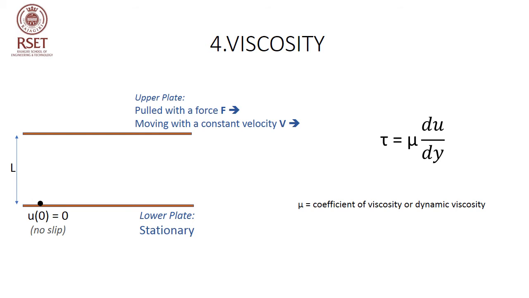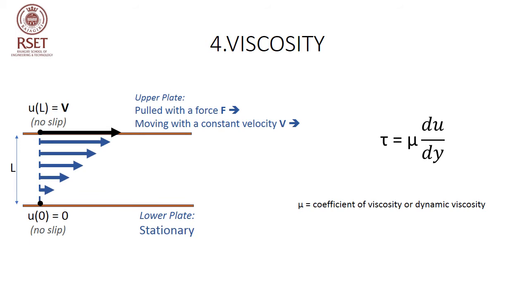That condition is called the no slip condition. So since the velocity of the bottom plate is 0, the velocity of the fluid particle adjacent to it is 0. Similarly, the velocity of the fluid particle adjacent to the top plate is v.